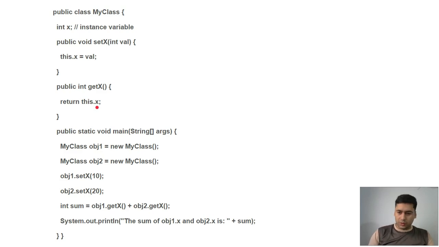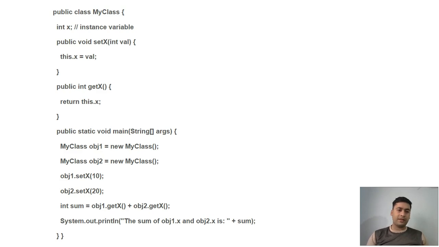The only difference between a non-static method and a static method is that if you want to call a static method, you don't need any object reference. You can call it directly in the same class. If you want to call a static method from some other class, you call it with the class name dot method name.